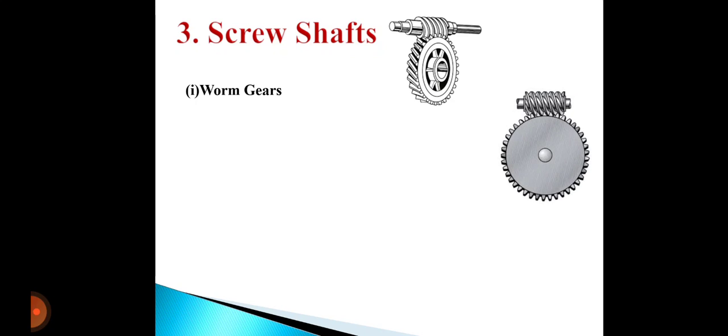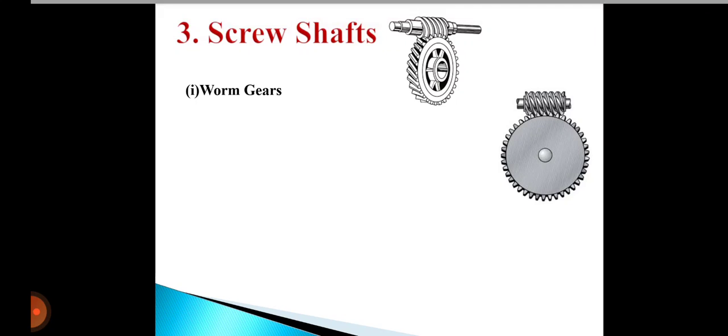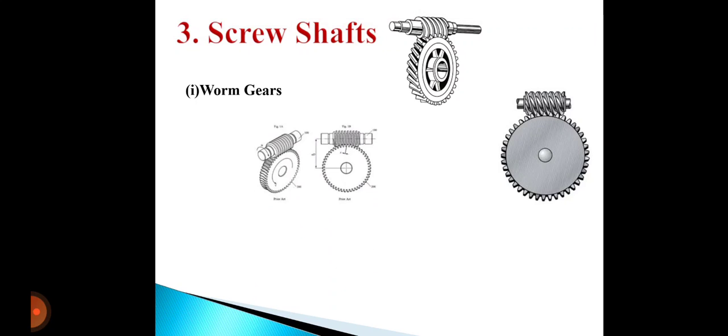So, worm gear is a special case of spiral gear in which the large wheel usually has a hollow or concave shape such that a portion of the pitch diameter of the other gear is enveloped in it.